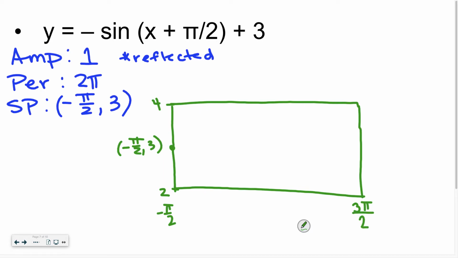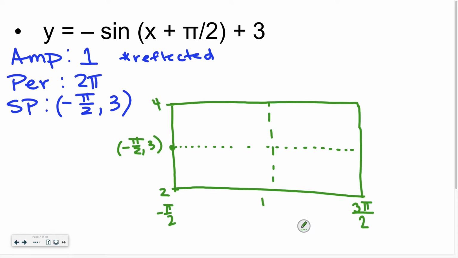Then we're going to have to split our frame in half, and we know where that is vertically. It's at 3. Then we're going to have to split it into quarters. So let's just split this in half the first time. I want to know what the midpoint is between negative pi over 2 and positive 3 pi over 2.